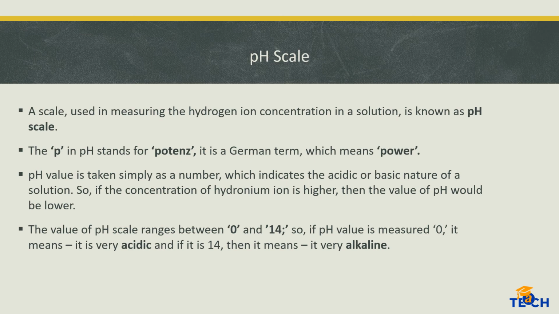pH value is taken simply as a number which indicates the acidic or basic nature of a solution. So, if the concentration of hydronium ion is higher, then the value of pH would be lower. The value of pH scale ranges between 0 and 14. So, if pH value is measured 0, it means it is very acidic, and if it is 14, then it means it is very alkaline.